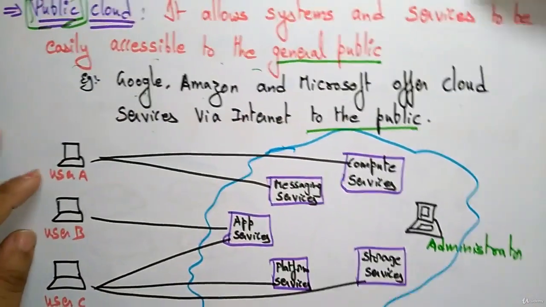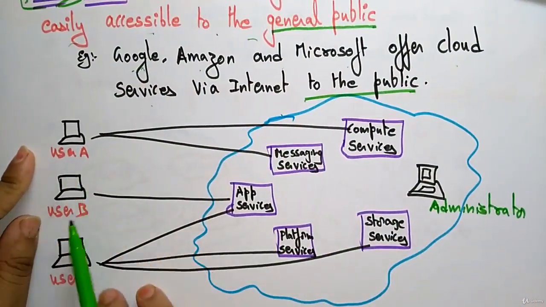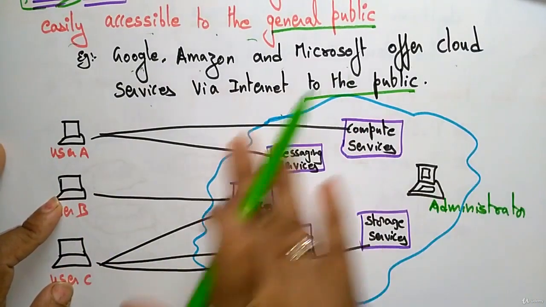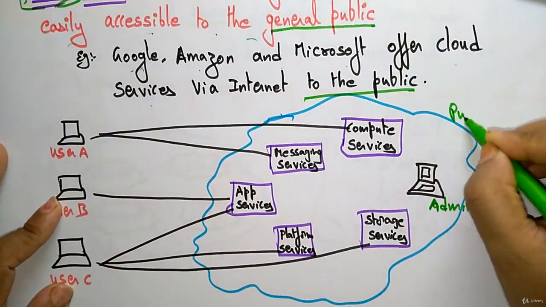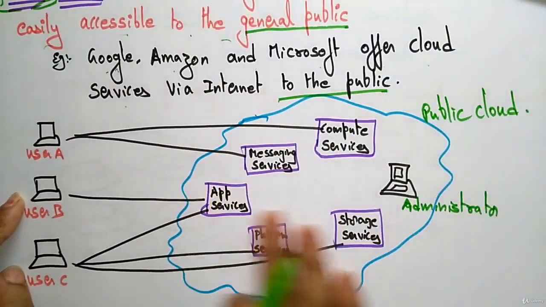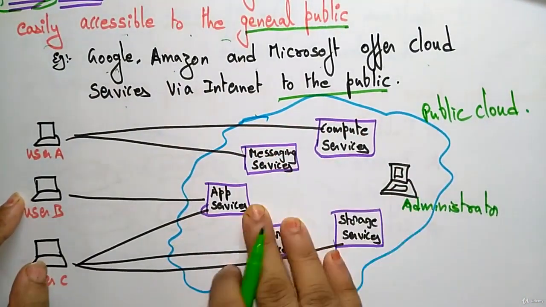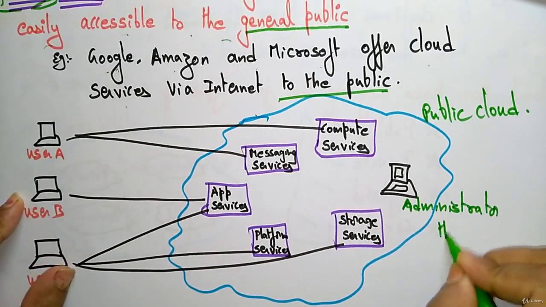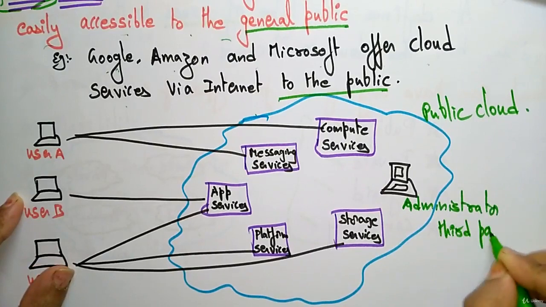Here you can see the different users, user A, user B, user C. These different users are accessing the public cloud. So this is the public cloud. Whatever we place on the public cloud will be operated by the administrator, who is a third party. Let us take the administrator here as a third party.